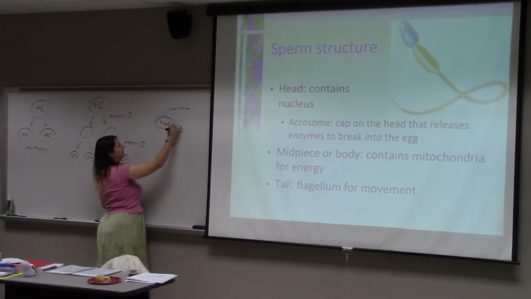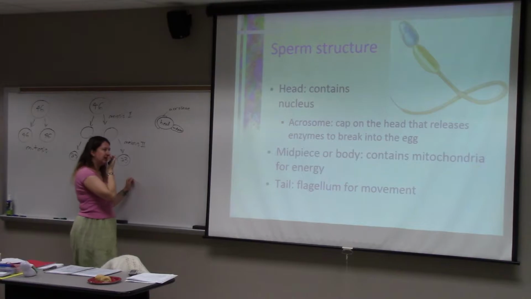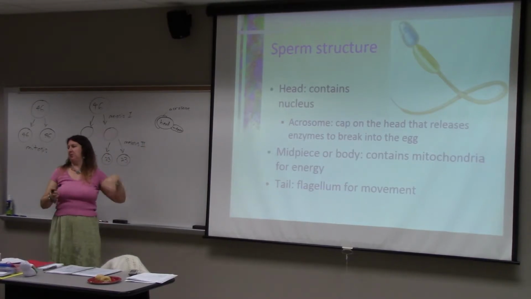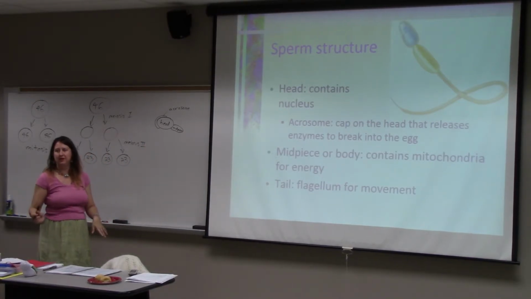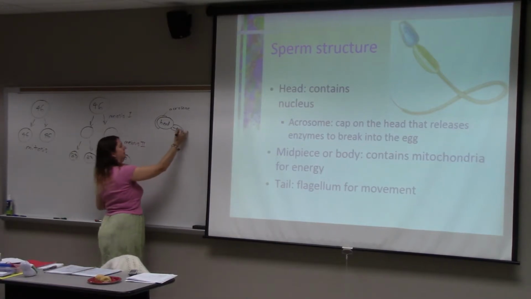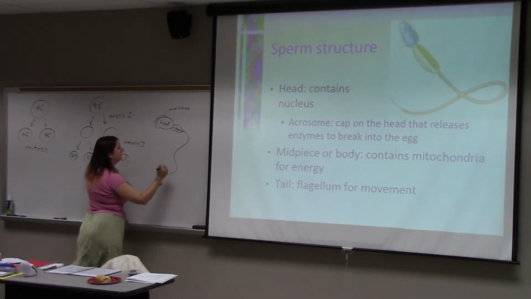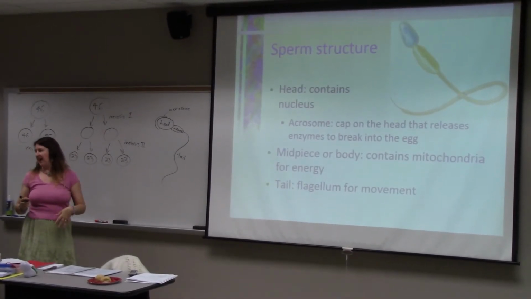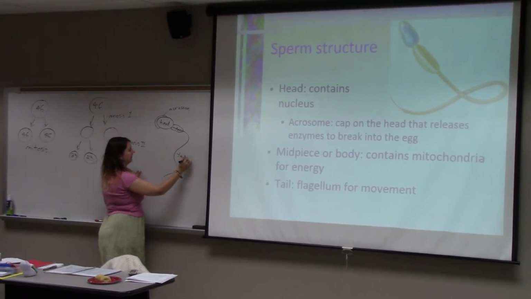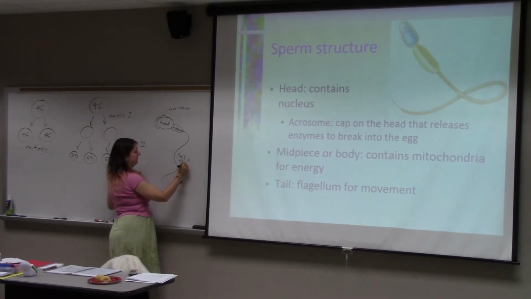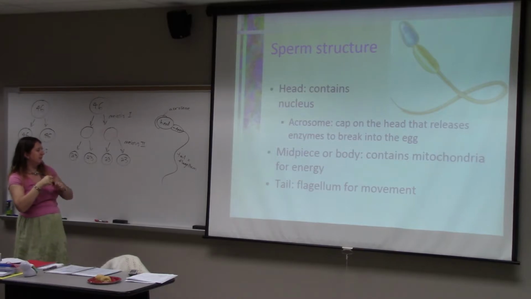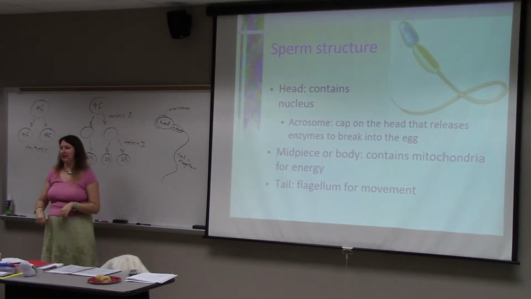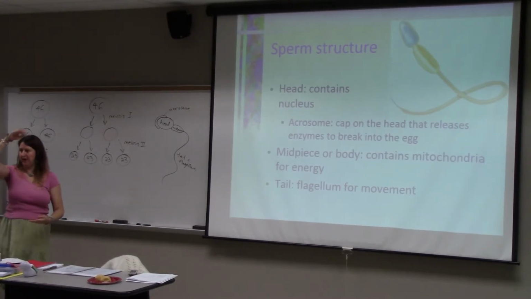Attached to the head is an area called either the midpiece or the body. That has the mitochondria to provide energy so the sperm can swim. And then the tail is the part that it swims with, and that is an organelle called a flagellum. Flagellum is Latin for whip, describes the way it moves.